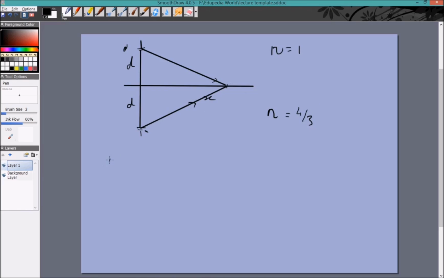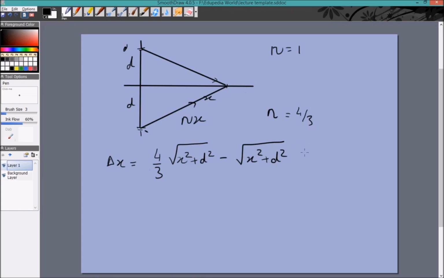So the net path difference delta x will be this particular length times 4 by 3 minus root of x squared plus d squared. So this length is the same as this length. In this case the optical path is n times x. So this will be the path difference.